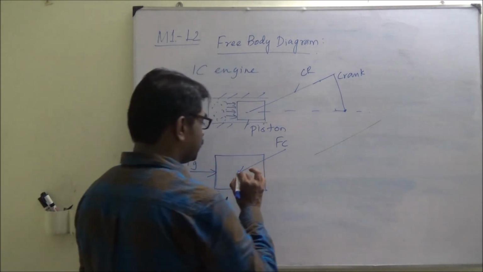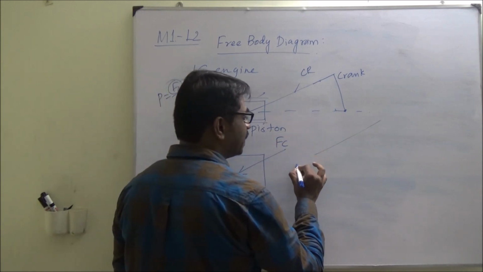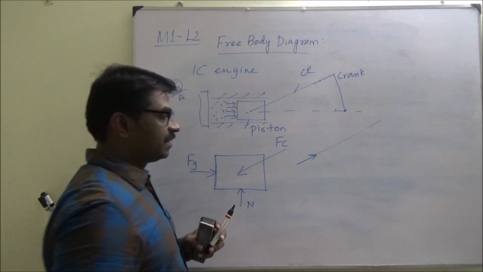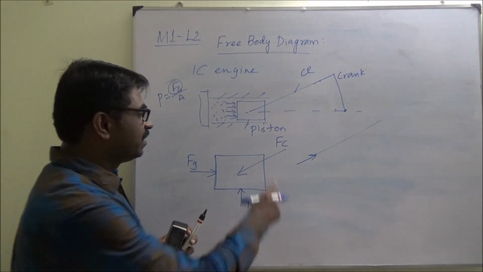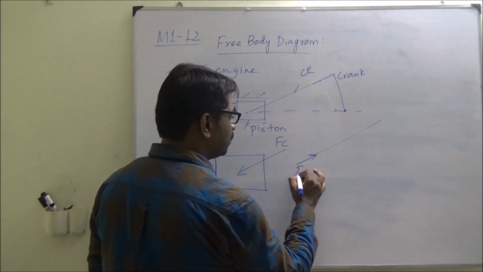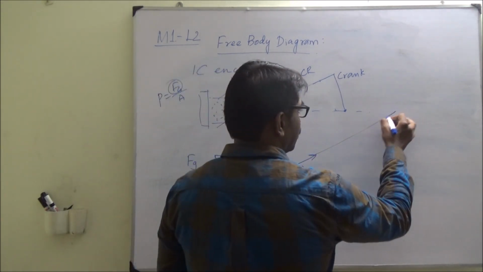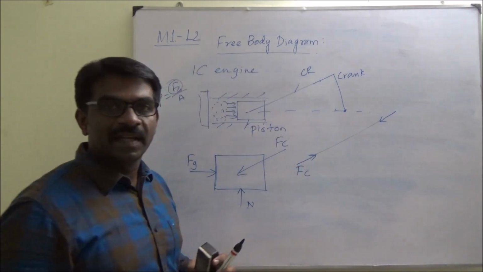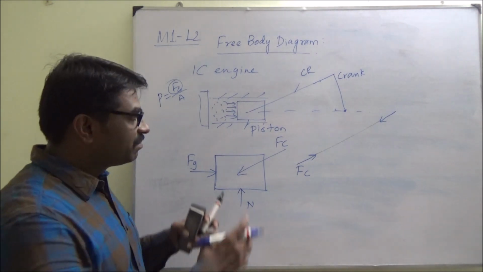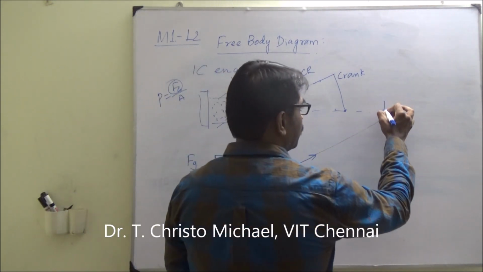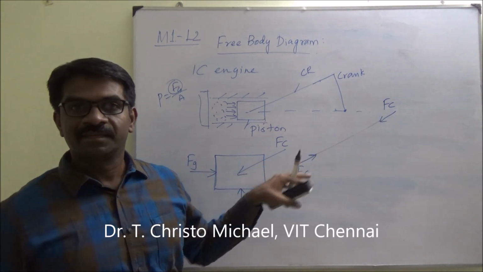So now the force that is acting on the piston, as I said, equal and opposite according to Newton's third law, the same magnitude will be acting. Always the body, when it is analyzed, should be in equilibrium. We will discuss that in a minute, but for the equilibrium, so now it is balanced.